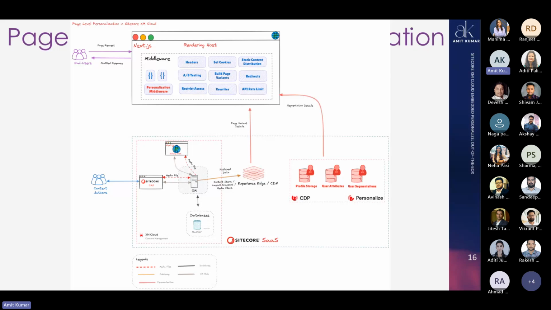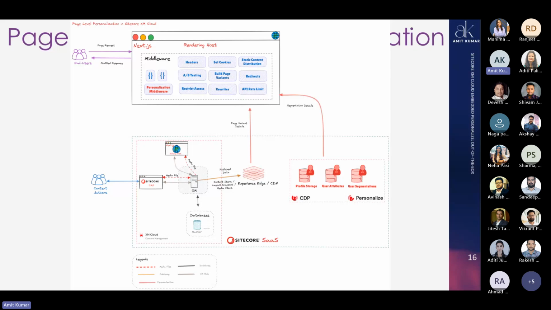So when the request comes, based on your configuration, SSG or SSR, the major difference is that when SSG is there, the personalization middleware will not make a call to the experience edge to get all the variants because they are already present in the zip file from when the build happened. But when SSR is there, it will go and take the page variants.